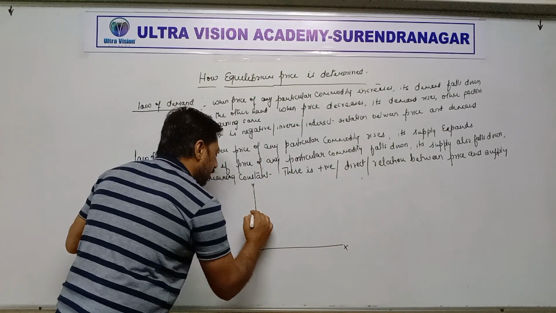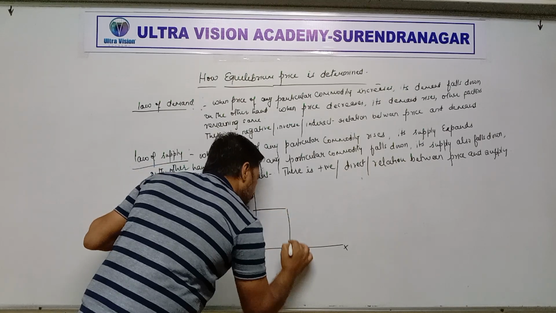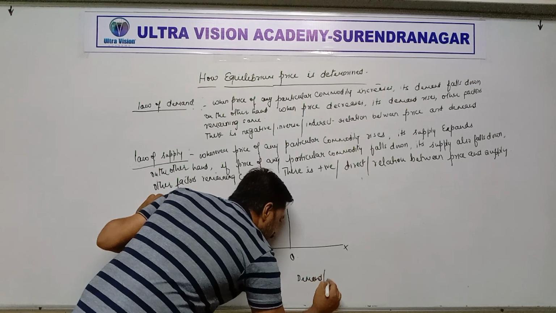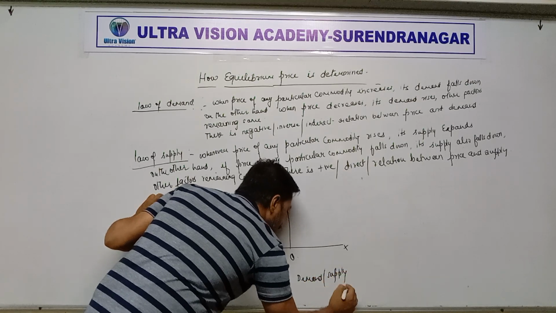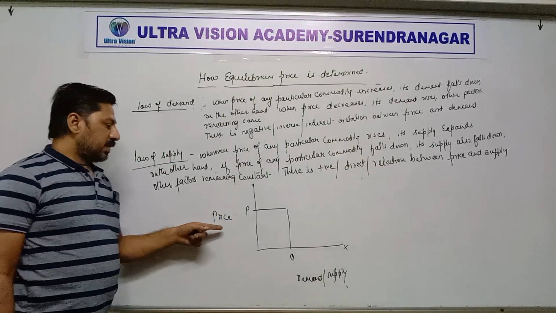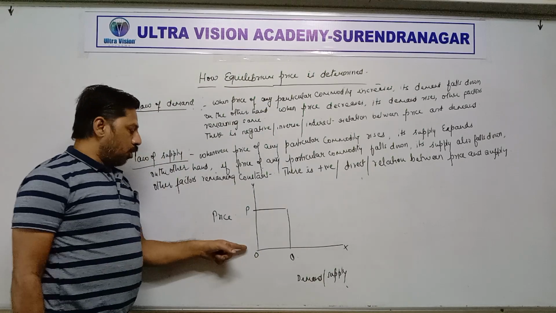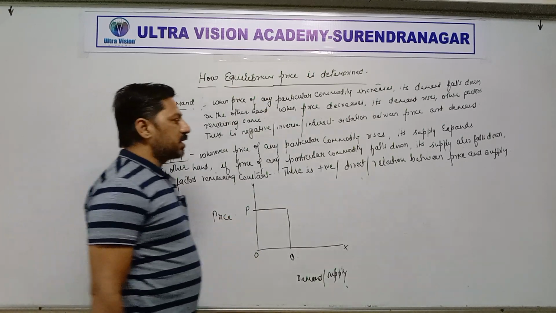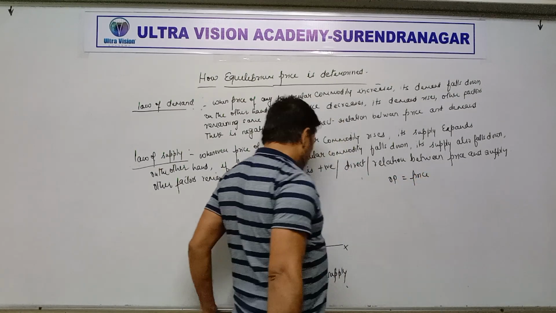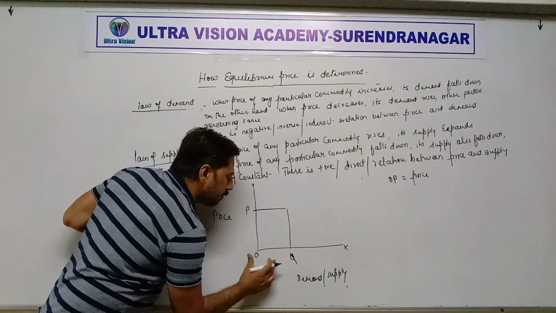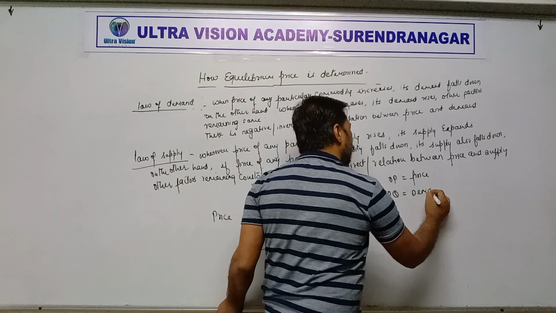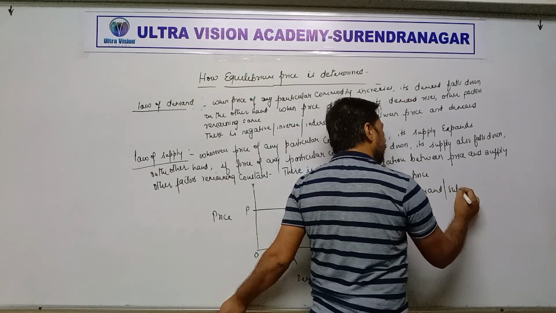X, Y. Now this diagram shows that OP is the price, and OQ represents both demand and supply.